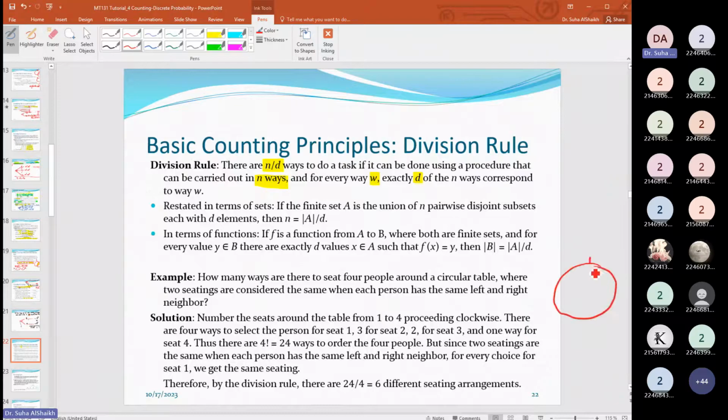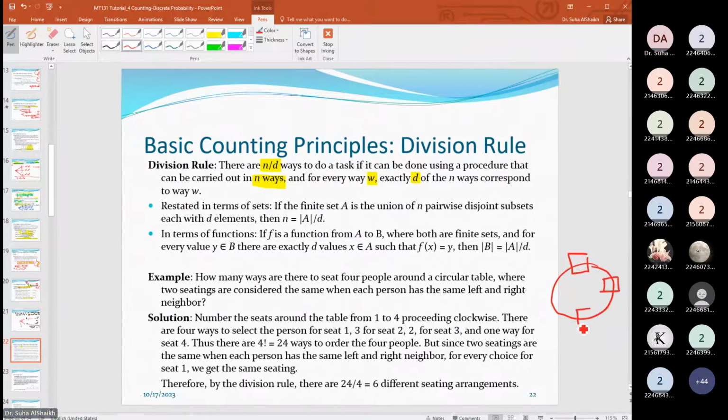So I have 4 chairs around here. For those 4 people to sit around the table, I want to know how many ways I can let them sit around this table, considering a seating the same if each person has the same left and right neighbor.